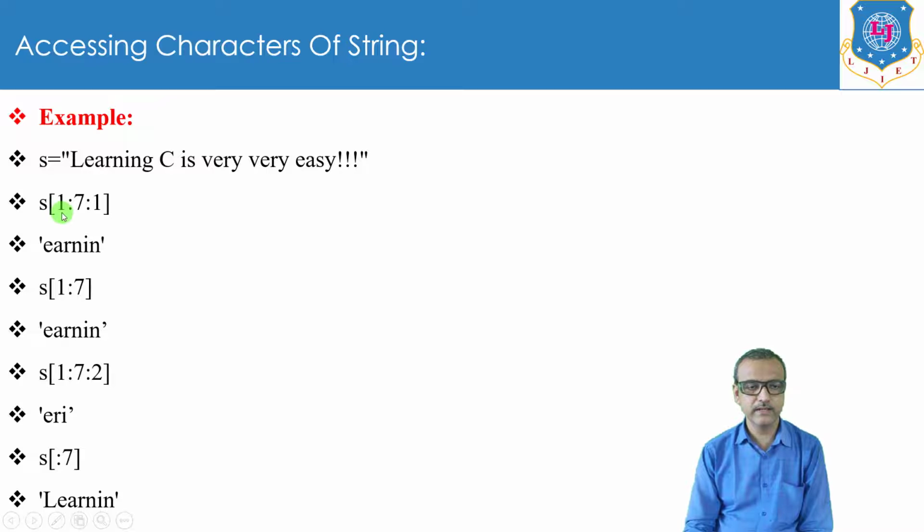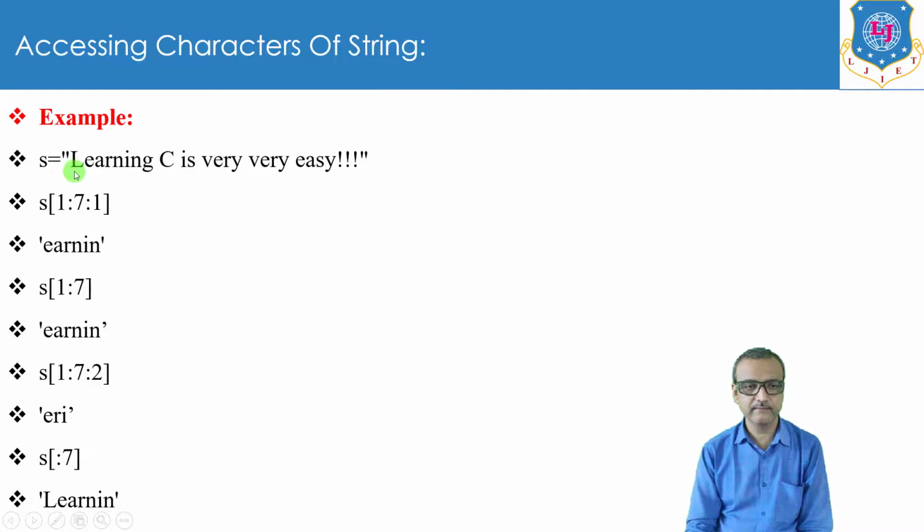Here the begin index is 1 and the end index is 7. So it will give us the output from the begin index to 7 minus 1, that is from 1 to 6, and here the step size is 1. So it will give us the output from index 1 to index 6 by taking the step size of 1.